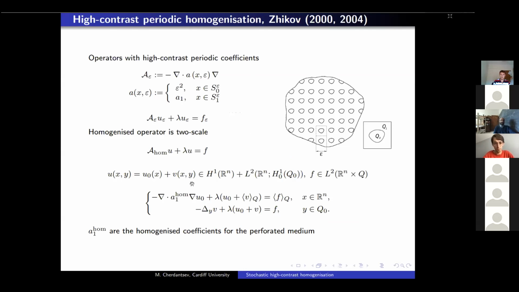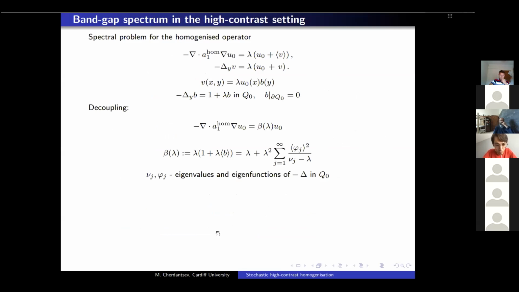Now, this homogenized operator for the high contrast problem is of a two-scale nature. So this is the macroscopic component of the operator, which, if you started from the whole space, is defined in the whole space, and this is the microscopic component, which is defined on the inclusions, on a reference inclusion Q0. If you are interested in the spectrum of this operator, you consider formally the spectral problem, and you can decouple it.